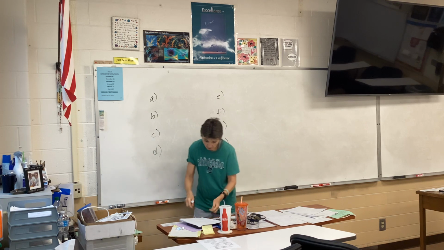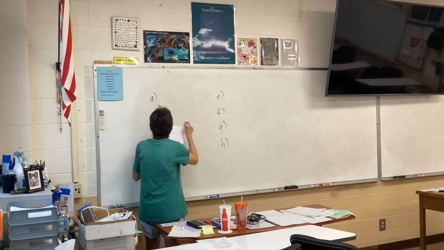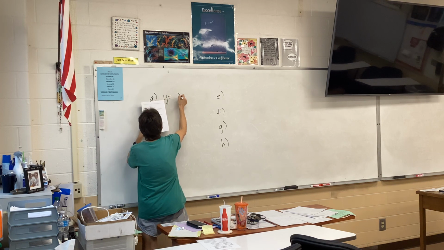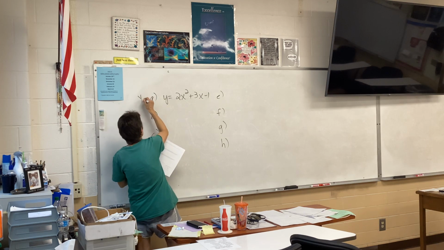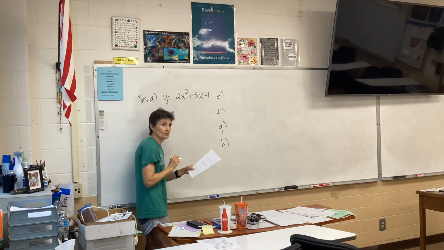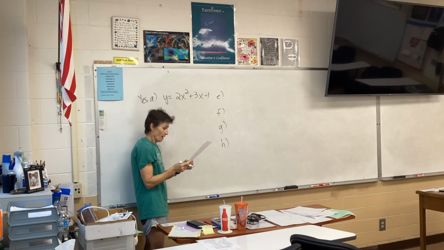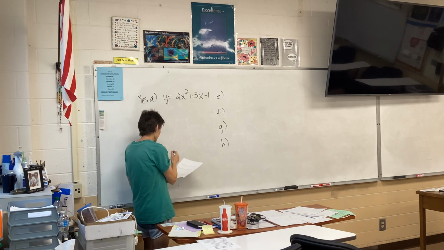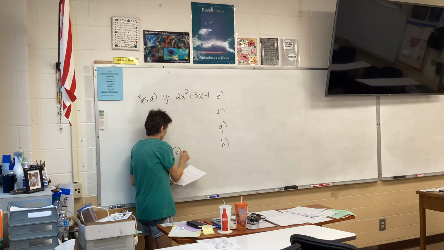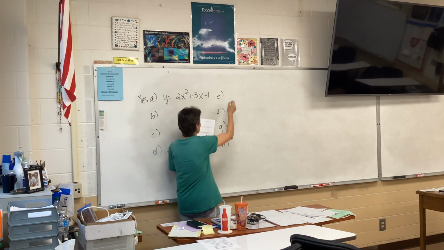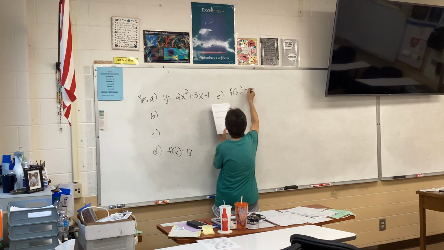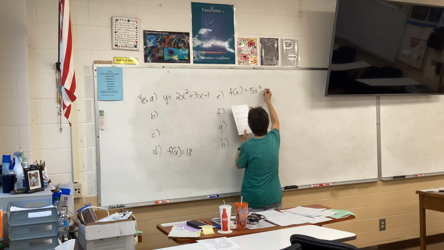Well, I will tell you right now that 2x squared plus 3x minus 1, that's a yes. That is a polynomial function. So is D. And so is E. These are all yeses. All right, so these are our yeses.